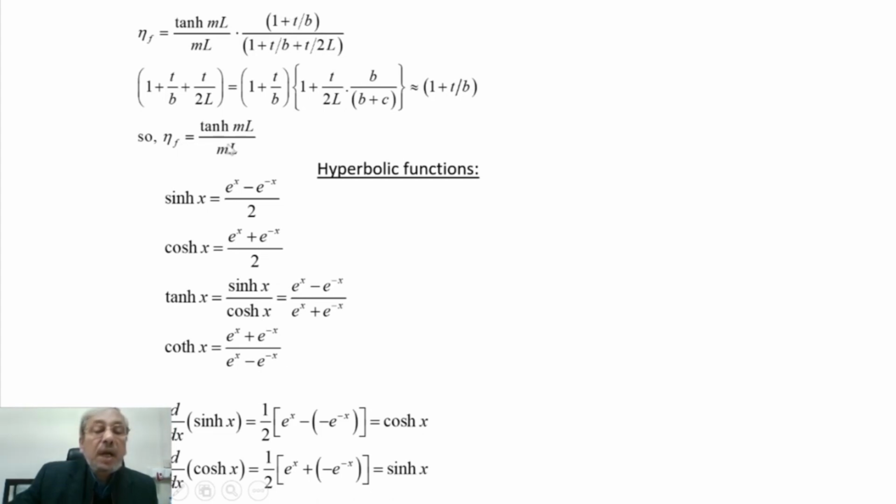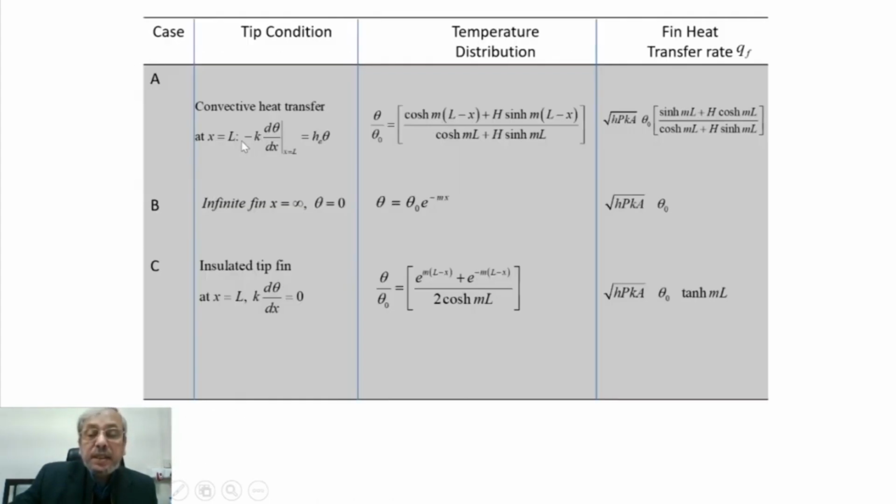So this is what we wanted to say. These are the simple fins which are having uniform cross section. We can have three cases. End condition is defined by convective heat transfer condition. End condition temperature tends to ambient temperature, fin is so long.